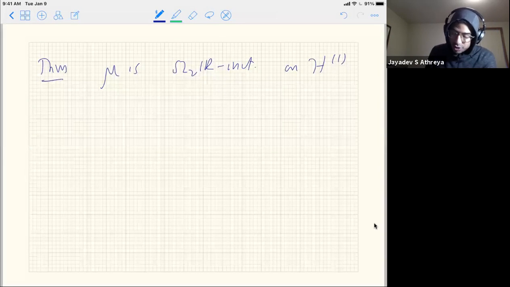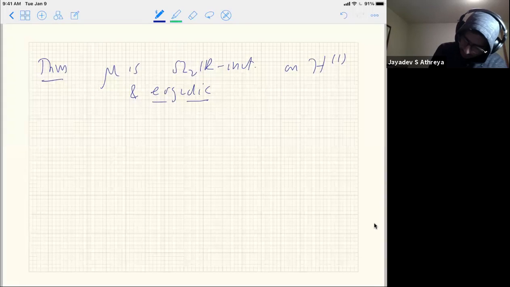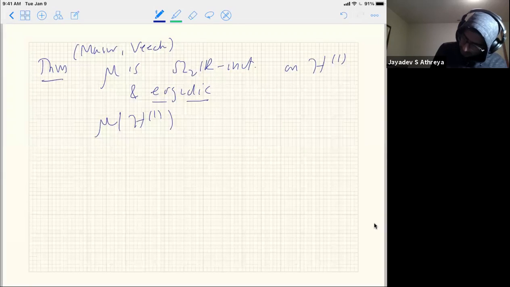That's because Lebesgue measure is SL2R invariant on R to the 2G, because it's acting diagonally here, and ergodic. That's the crucial part of this result. That's Masur and Veech independently, and mu of H1 is finite.